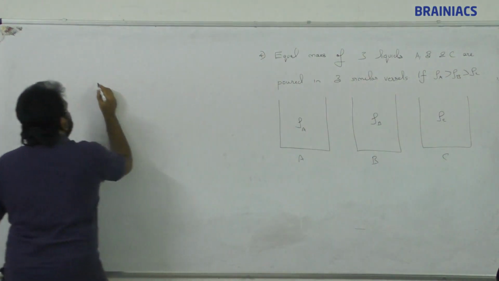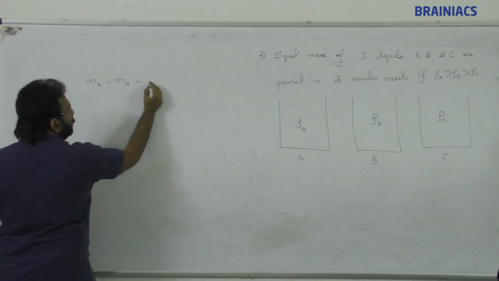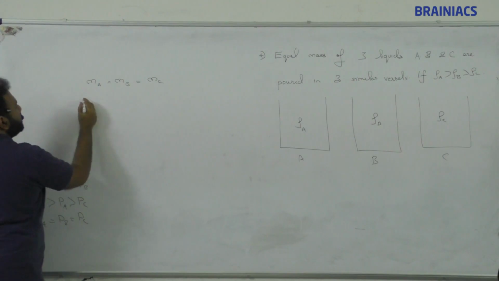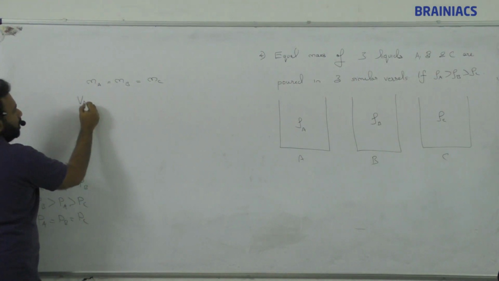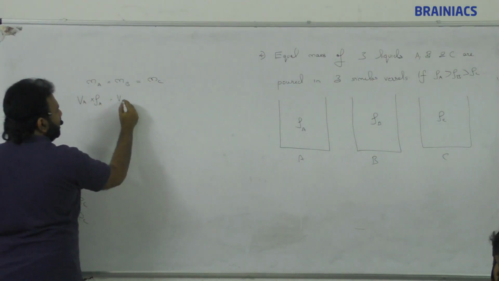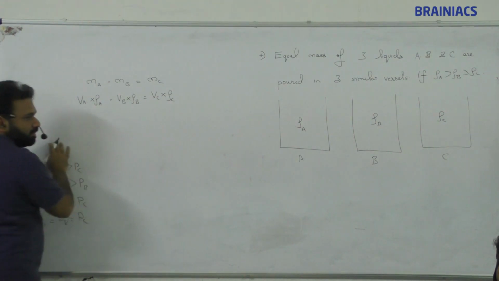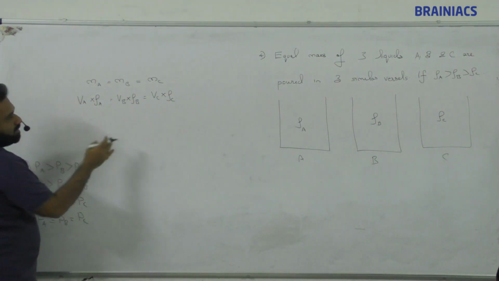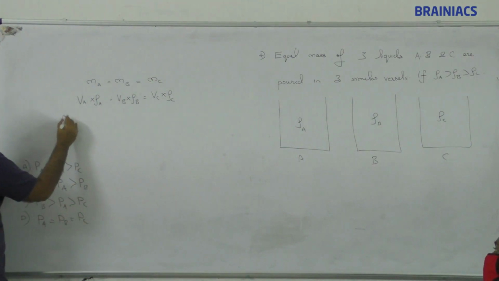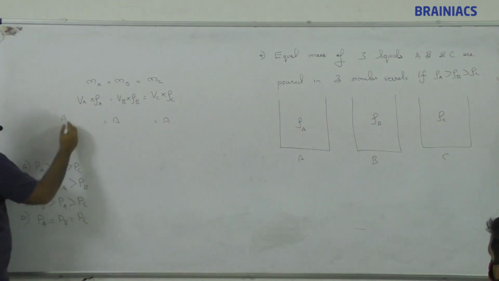So mass is same. Mass of A is equal to mass of B is equal to mass of C. Mass of A is volume of A into density of A, volume of B into density of B, volume of C into density of C. They are all similar vessels, so I could write that areas are same.